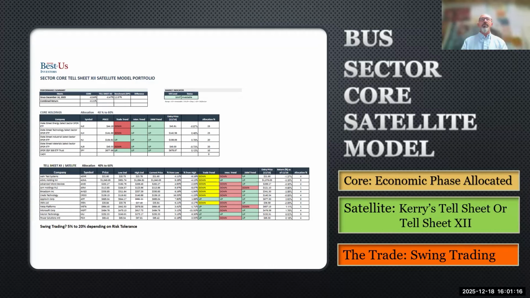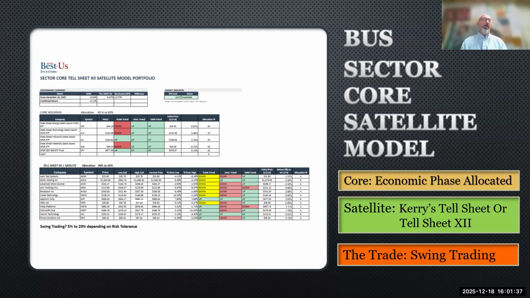And so when I look at this, I go, okay, if this is my core portfolio, depending on my risk, my time frame, how much loss I can handle, I look at how much can I lose versus how much I can win. I can allocate anywhere from 40% to 60% to this allocation.